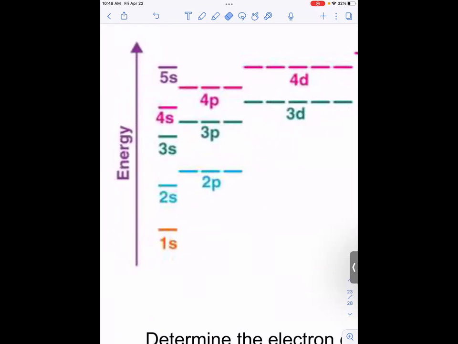And any element in that group is going to have 3. It might have more electrons, but the total number of valence electrons is always going to be 3. It won't change. All right, so let's put that in.